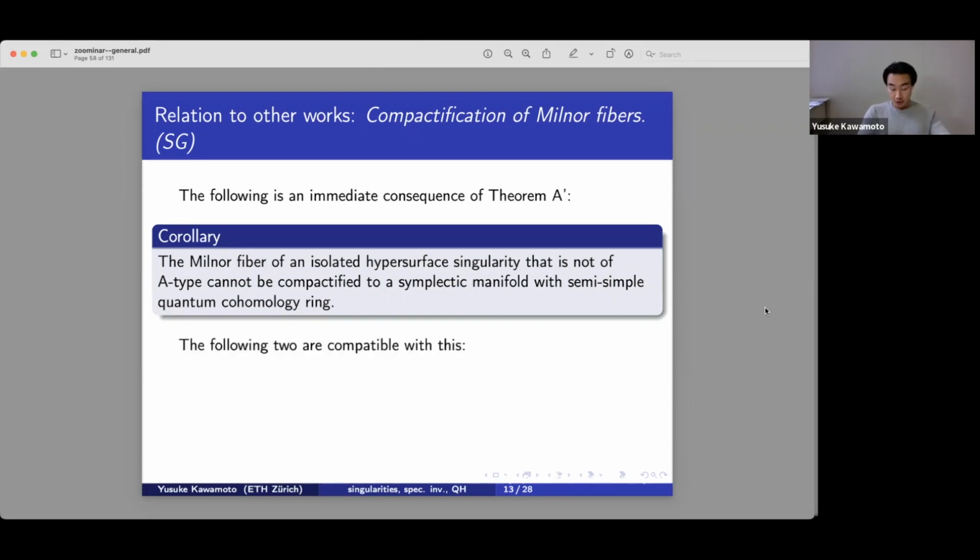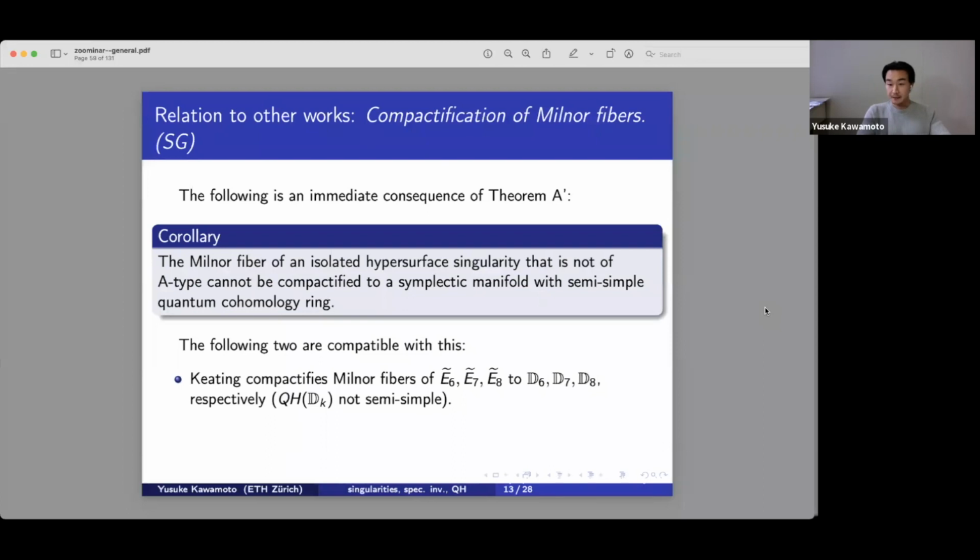And so, for example, Elise Keating has a paper where she compactifies Milnor fibers of the parabolic singularities to del Pezzos D6, D7, D8. And all these del Pezzos don't have semi-simple quantum cohomology. So you can have these non-A-type configurations inside them.